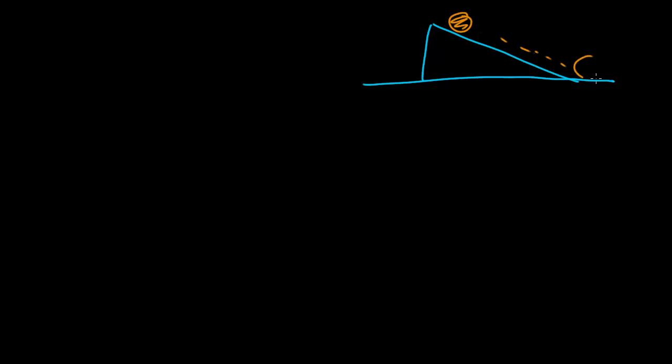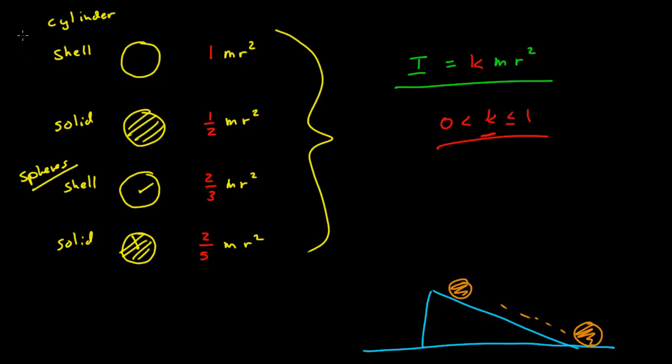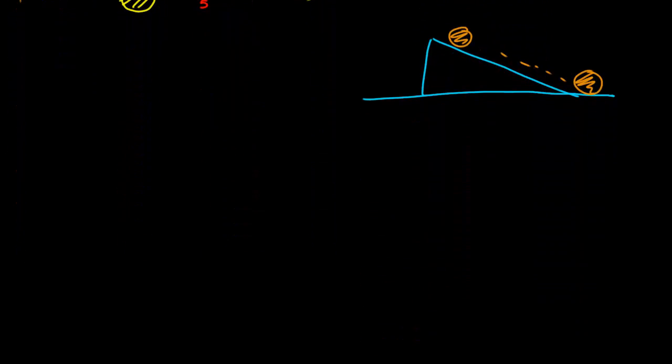Okay, so we have an incline, and we have an object rolling down the incline until it comes to the bottom, and it could be any one of these rotational objects, and which one is going to win the race?